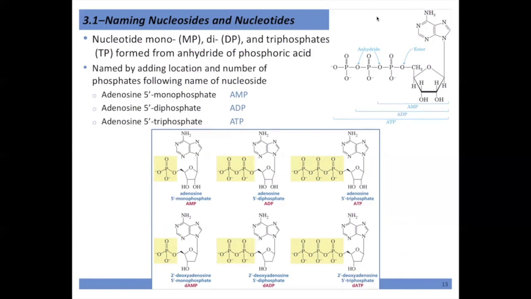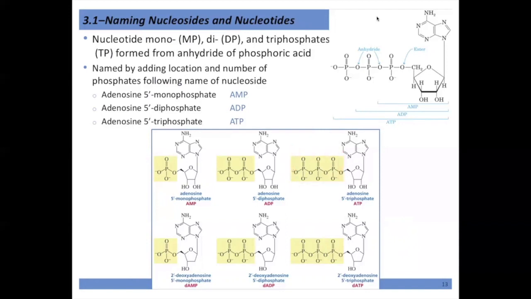So ATP, now you know the structure. It is adenosine. It is attached to a ribose sugar, and it is a triphosphate. And so you can see that structure right here. Adenosine triphosphate. It's a triphosphate because you have 3 phosphates there.